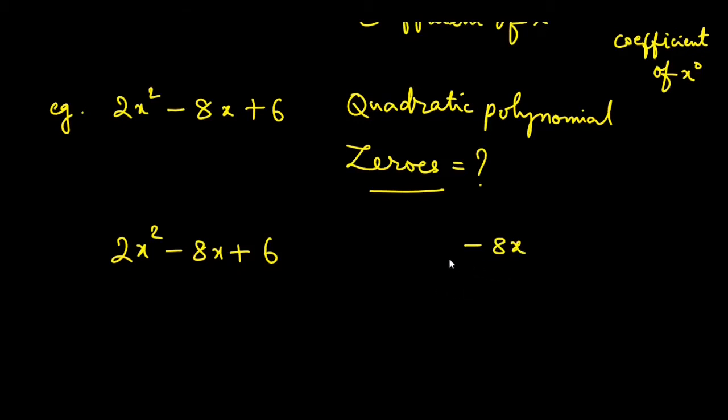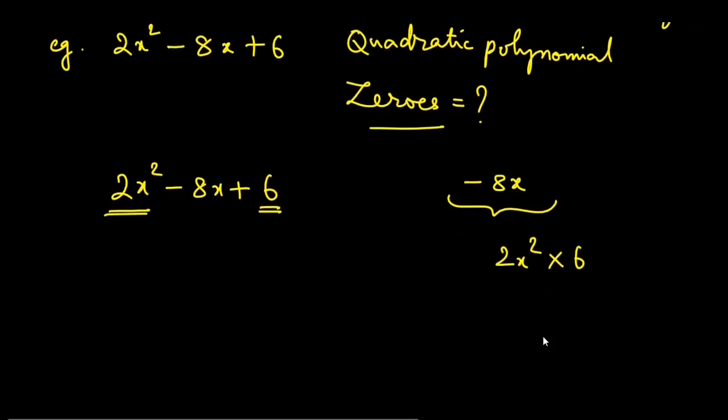This should be split into a sum of two terms, whose sum is minus 8x and whose product is equal to the product of 2x square and 6. The product of 2x square and 6 is 12x square. So we have to split minus 8x into two terms whose product is 12x square.